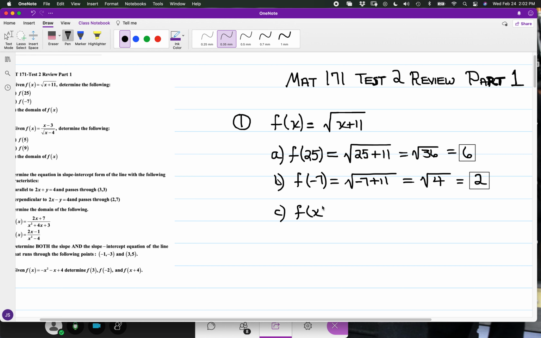because we have an even root radical, we have the restriction that what is underneath cannot be negative. So in looking for the domain, because we have a square root, x plus 11 cannot be negative.